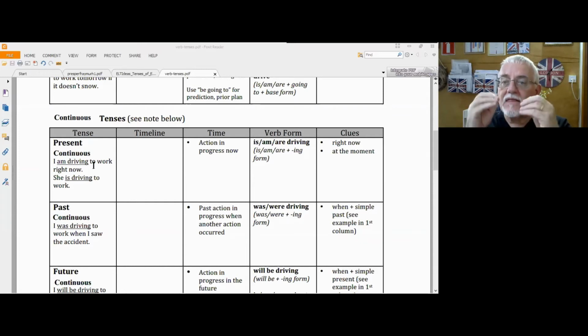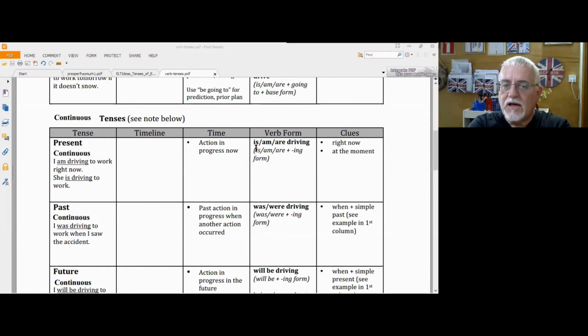Right now, at this moment, I am driving to work. She is driving to work. There is no difference for third person singular, even though it is a present tense, but it's a present continuous tense. So the action is in progress now, at this moment in time.